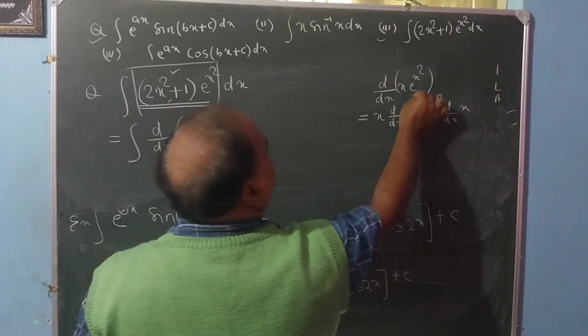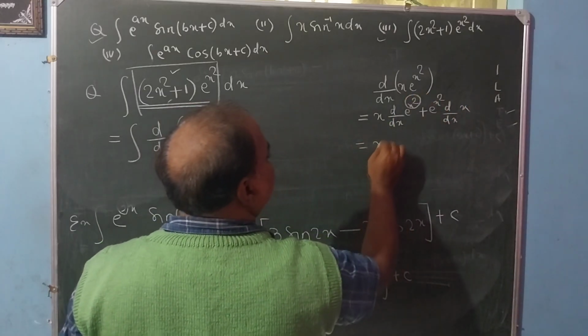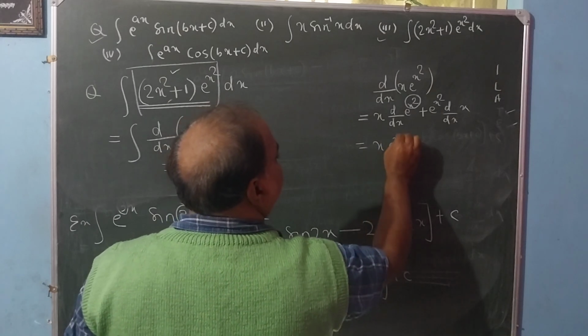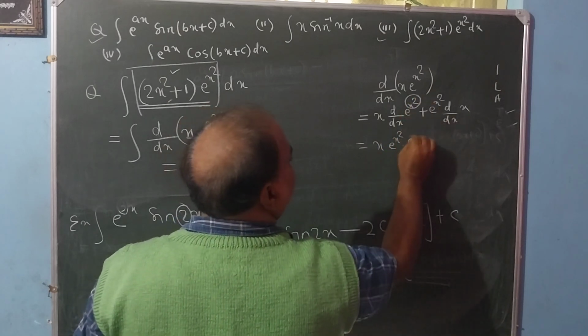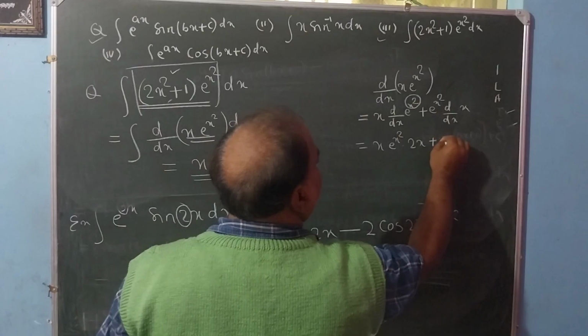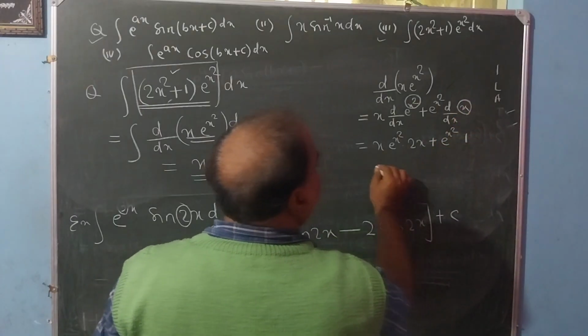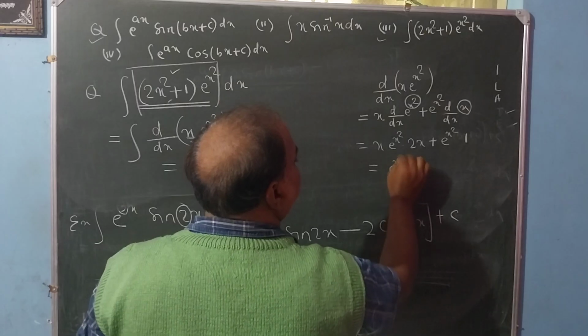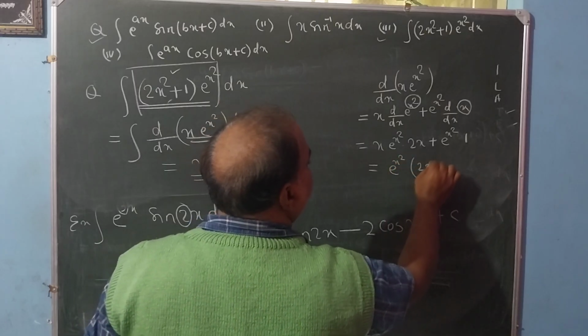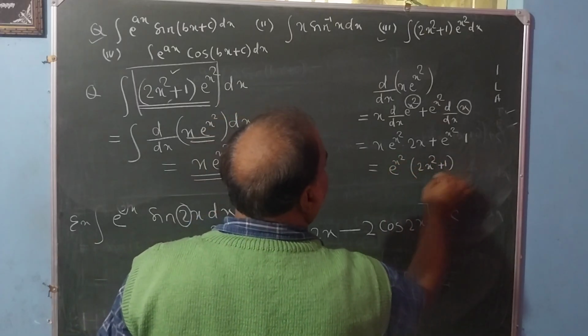So the derivative of e to the power x square is x e to the power x square, derivative of x square is 2x. So here it is e to the power x square, derivative of x is 1. So taking e to the power x square common, we get 2x square plus 1.